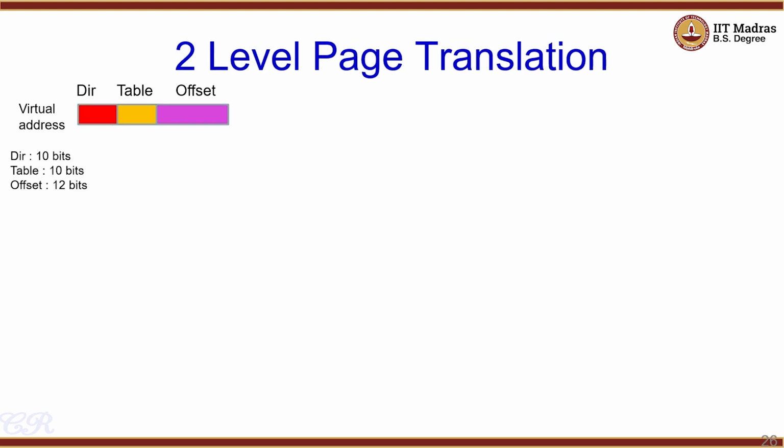So what modern computer systems do, in order to handle this issue, is make use of a multi-level page translation, right? So the virtual address does not directly index into a page table, but rather is divided into different components.